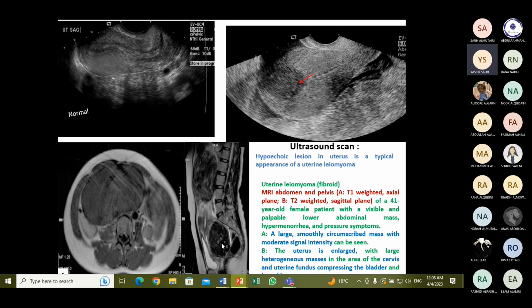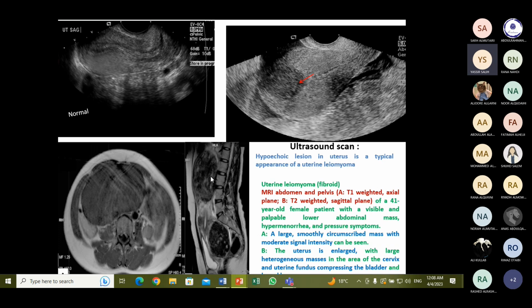But in the sagittal you can see this mass has two parts. The first one is in the area of the cervix and the other one in the fundus. So the mass extends from here to here. A huge mass, starting from the cervix and then the fundus, with heterogeneous appearance.